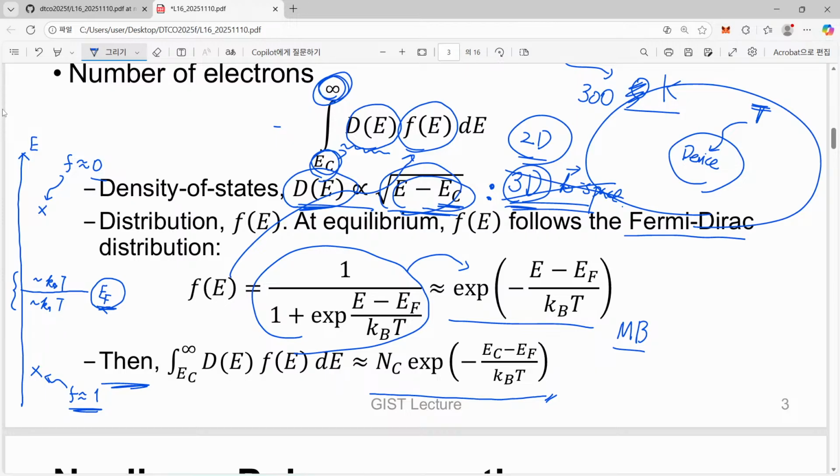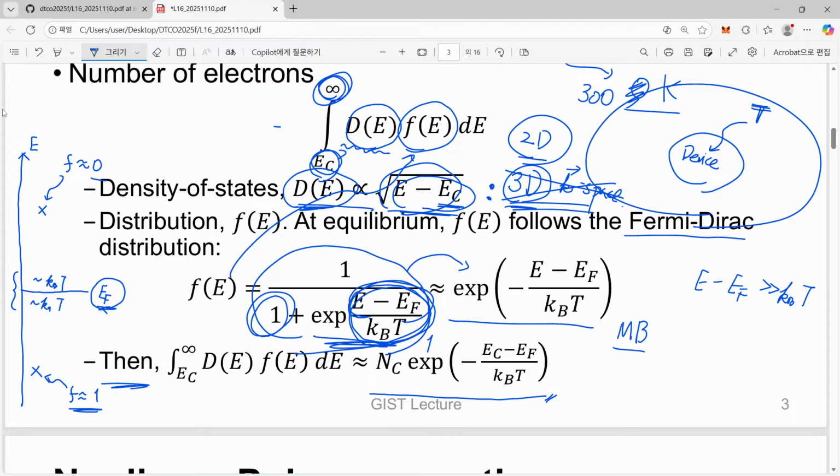Here I assume that E minus EF is much higher than the thermal energy kT. Since this argument is much larger than 1, compared with just the number 1, the exponential of an argument higher than 1 is dominating.